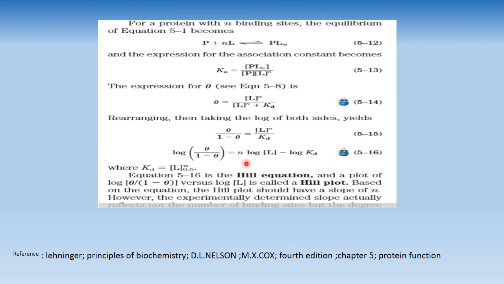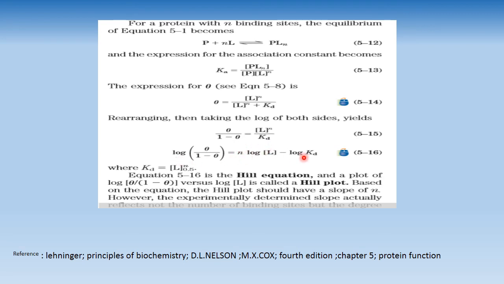This equation 5.16 is the Hill equation. If you plot it, it is of the form y equals mx plus c, so the intercept will be minus Kd, and the slope will give you the number of binding sites available.